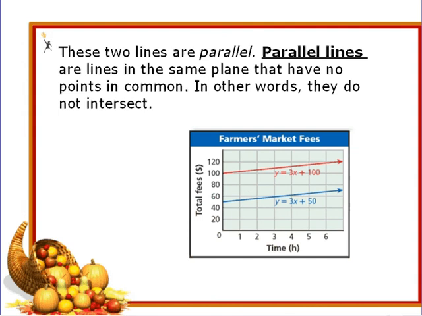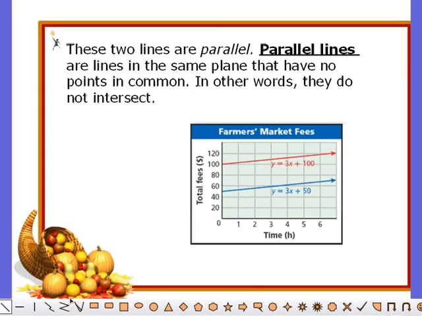Even if you took this line and extended it forever and ever, and you took this line and extended that one forever and ever, those two lines never intersect. They're always exactly the same distance apart. Those are called parallel lines.